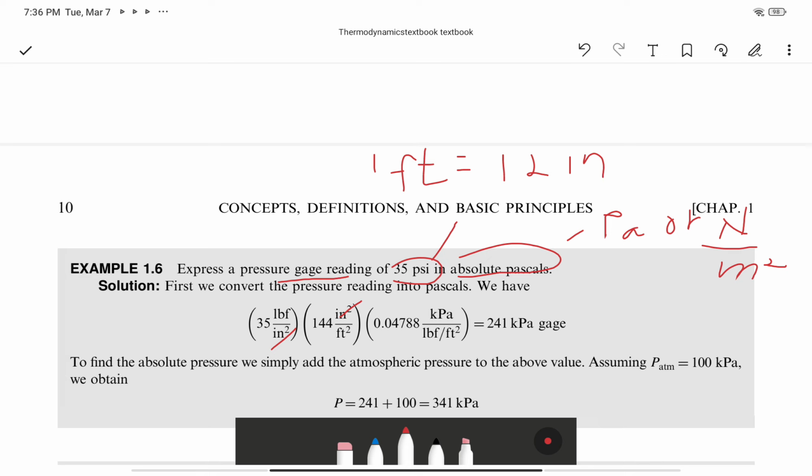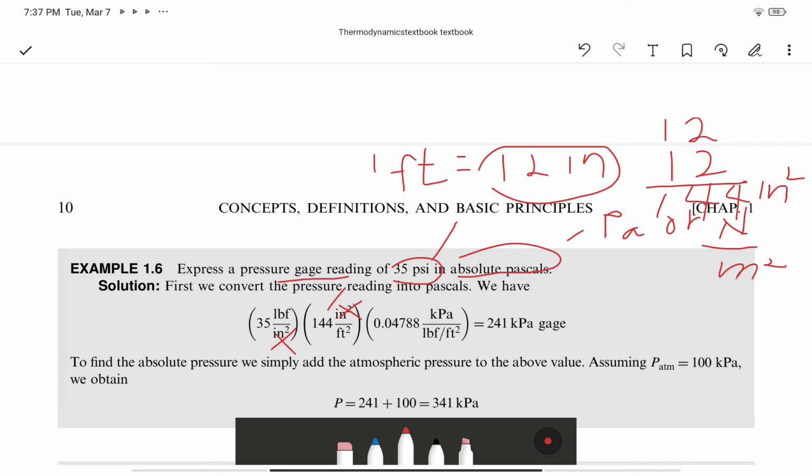So to square that, after converting foot to inch, you have to square it. That is 12 times 12. That will give you 144. So that's why you got here 144, and the unit is inch square. See, so you cancel now the inch here, the inch square there.